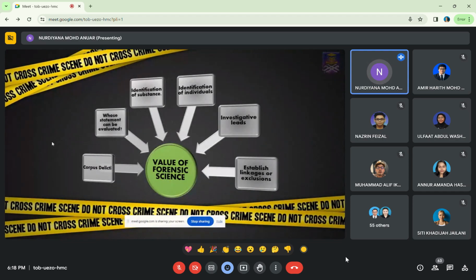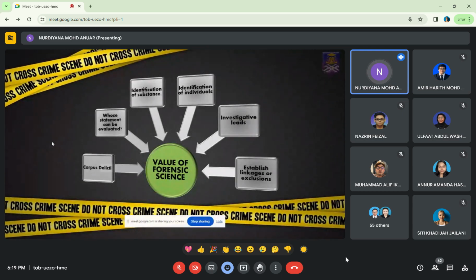Identification of individual. Contoh kita dapat fingerprint. So we need to identify who it belongs to. Siapa identiti individu tersebut? Adakah mungkin individu tu ada dalam kita punya database ataupun mungkin somebody yang never been caught before. So that's why kita tak ada that record. Seterusnya investigative leads.